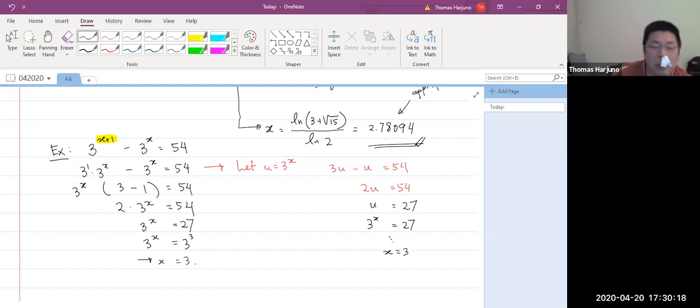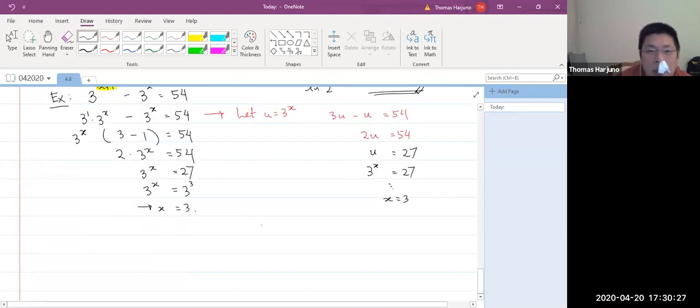Now, let me summarize what we have so far. Basically, note if we have common base, either base 10, base e, base 3, base 4, then you can use that.